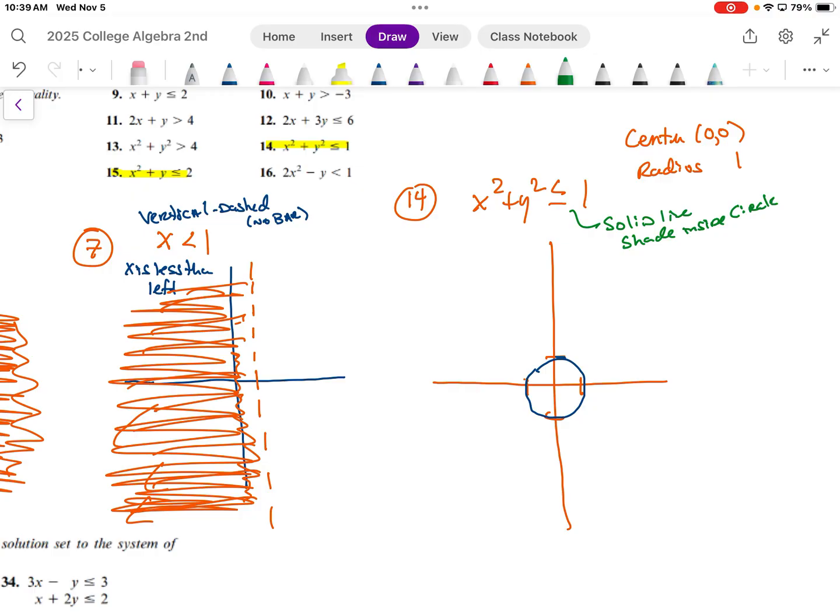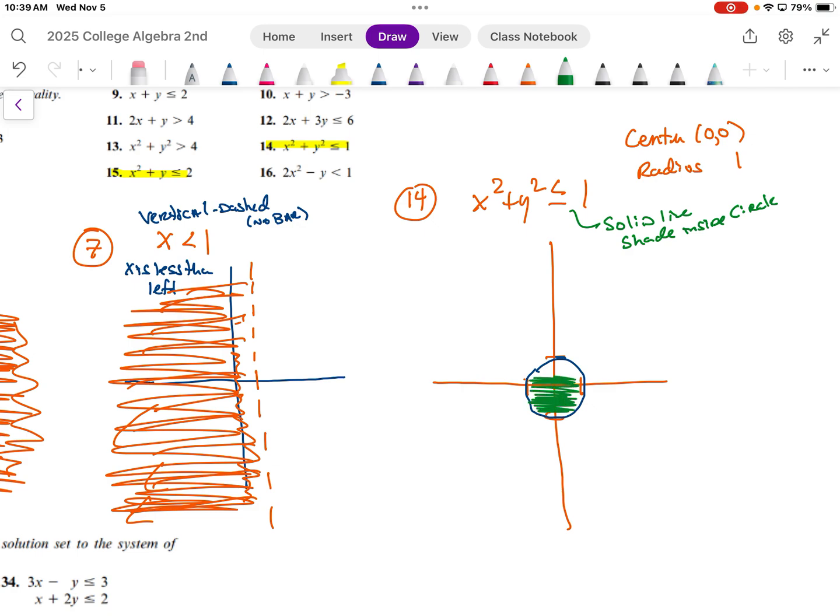At our level of mathematics, we will never have a negative in front of the y squared. Other courses in math we could, but not this course. So I get to shade the inside, everything inside the circle.